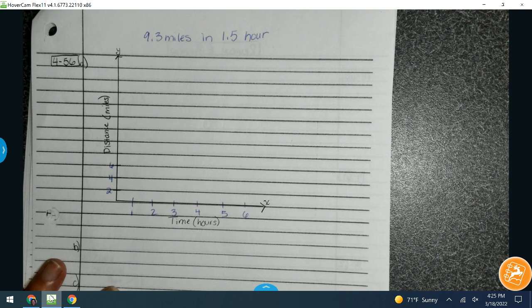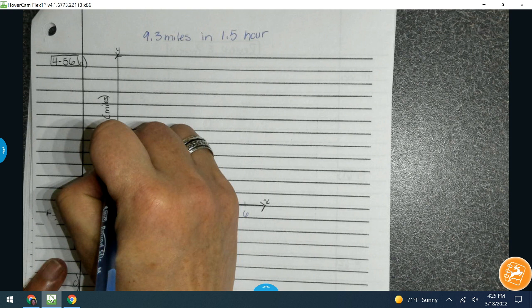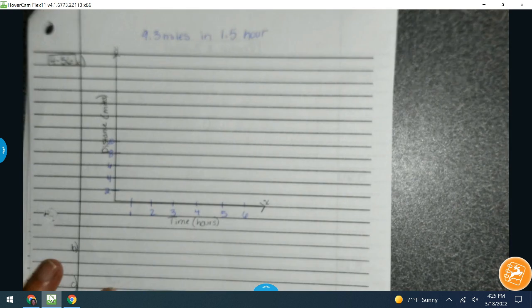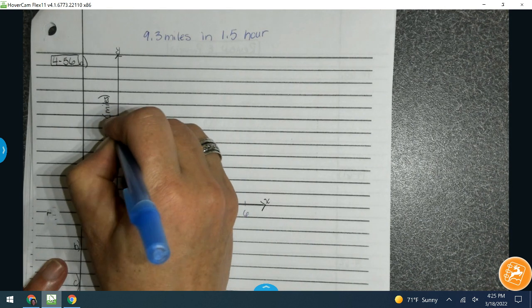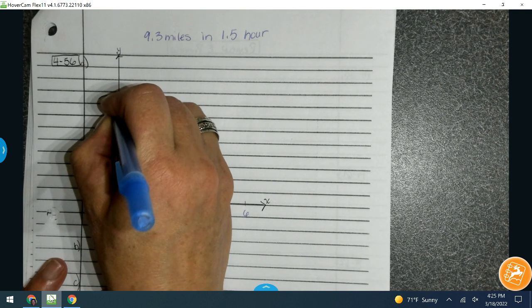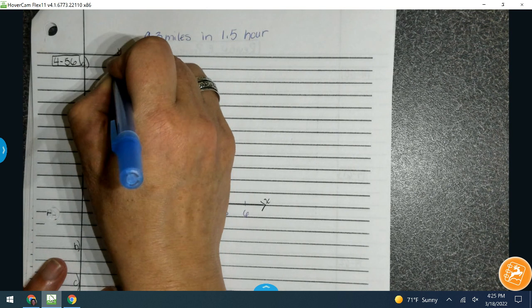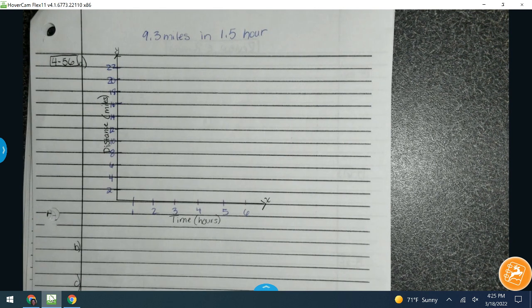I know sometimes my hand gets in the way. 8, 10, 12, 14, 16, 18, 20, 22. Because I like to have at least 3 points on a graph so that I can make sure that I didn't make a mistake on any of them. So that's kind of what I try to do.